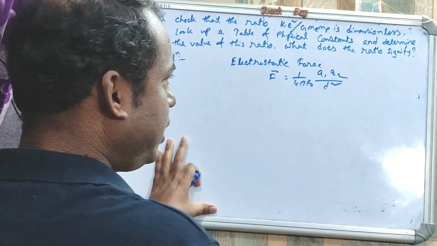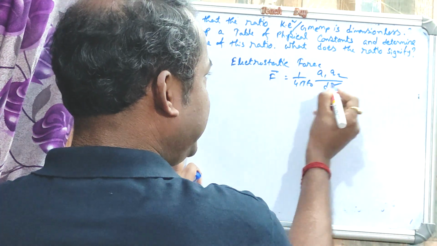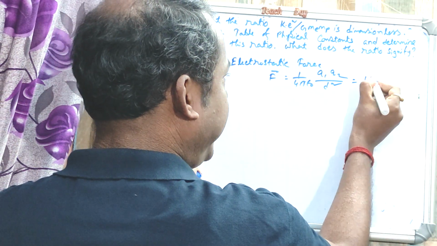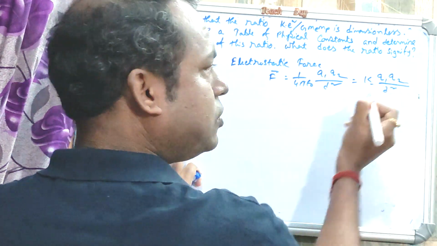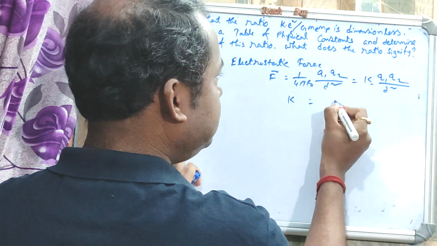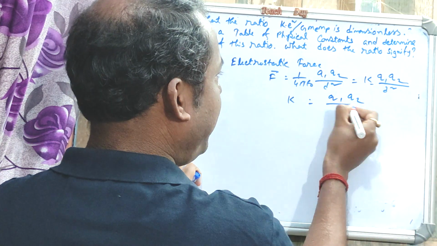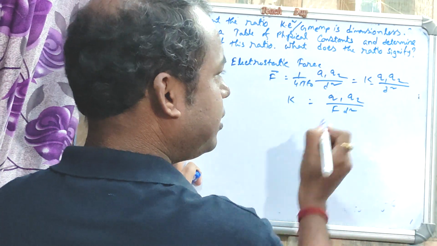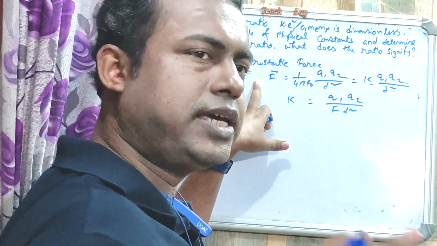This 1 by 4 pi epsilon naught is equal to k. So it may be written in the form k into q1 q2 by d square. So what is the value of k? k equals q1 q2 by F into d square. Am I right? F equals k into q1 q2 by d square. This is the electrostatic force.